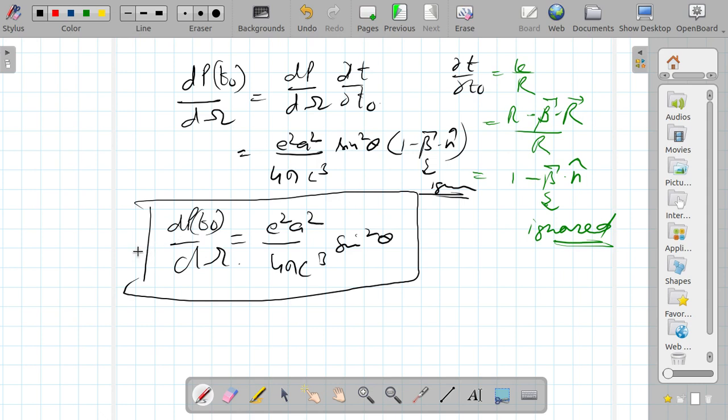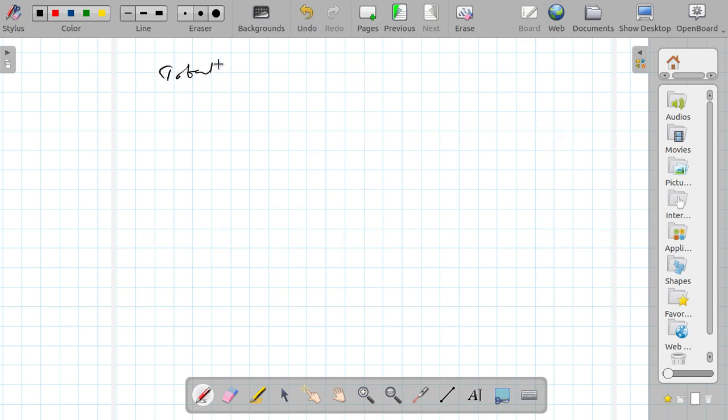Now the total radiated power can be obtained by integrating this.